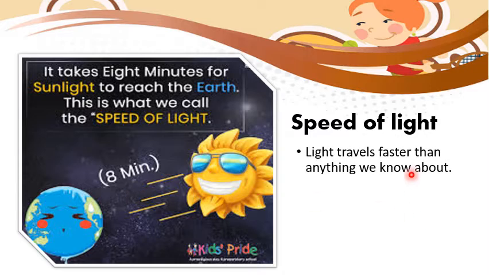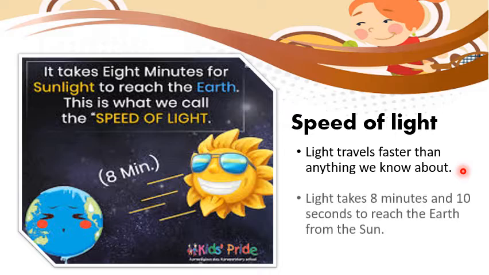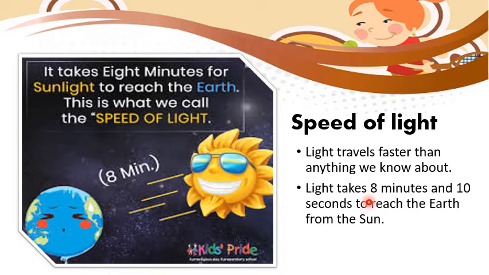Now, light travels faster than anything we know about. Whatever you know about the sound, the traffic, the aeroplane, light is the fastest. Light travels faster than anything we know about. And light takes how much time?